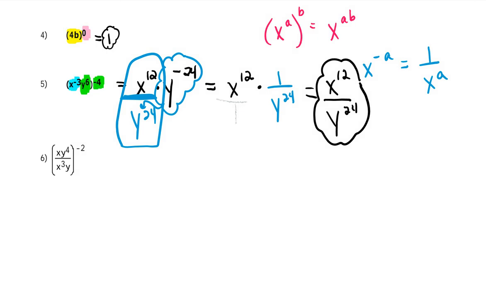Okay, which brings me to this one down here. You've got all this in parentheses, and it's raised to the negative 2nd power.